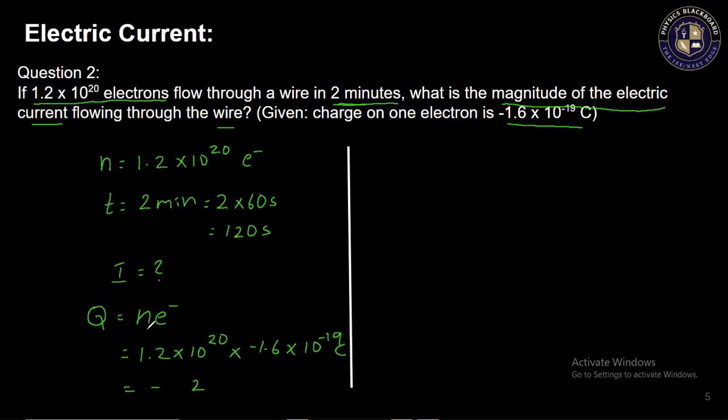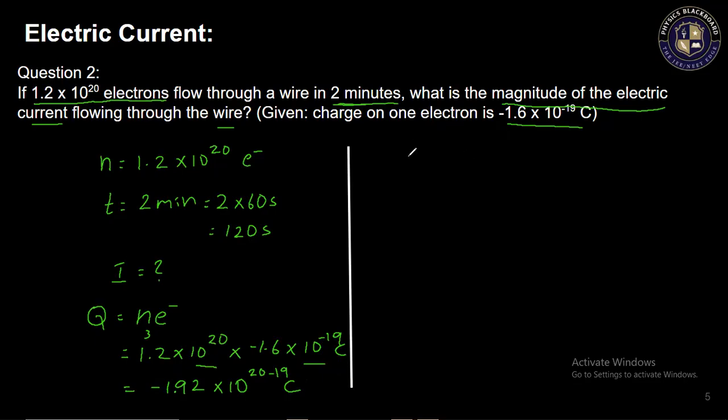Next, here 3. 16 ones are 16 and 19. So you have a decimal part here, that is minus 1.92 into 10 power 20 into 10 power minus 19. You will get 10 power 20 minus 19 coulombs.